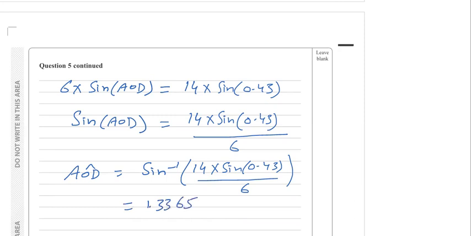If I round it to 3 decimal places, it will be 1.337. But whenever we calculate directly with the calculator, it gives us the acute angle.